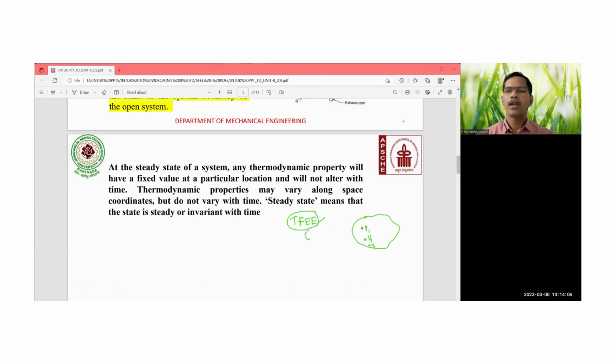You can also call it UFEE, the unsteady flow energy equation. In steady flow, the thermodynamic properties may vary along the space coordinates, but do not vary with respect to time. Whatever the time, here also it is the same P1, and the same volume.